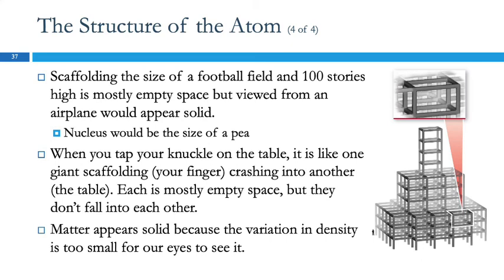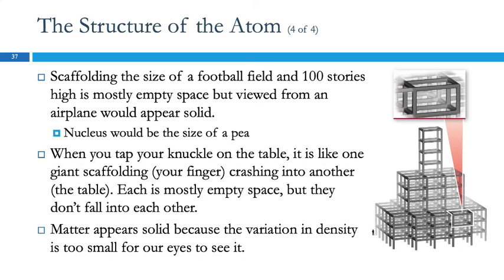They don't take up very much space, but you can't see through it because there's so many of them spread out in different places. So when you tap your finger on the table, it's like taking one of these giant scaffoldings and crashing it into another. They're mostly empty space, but they don't fall into each other.